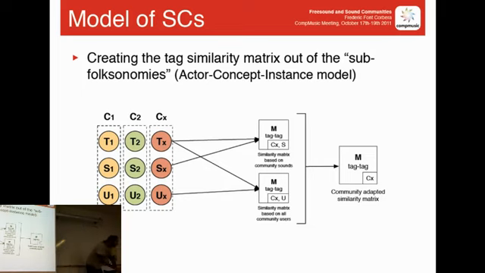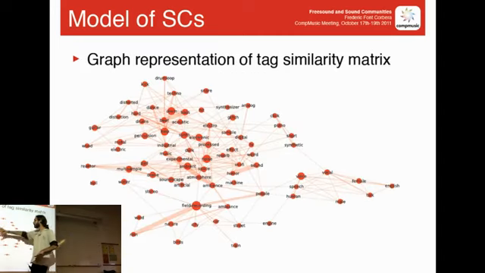And just to have a better idea of this tag similarity matrix, Peter Mika represents them as a graph. So if they are a graph, you can also plot them. This is real data from Freesound. We have the different tags, and those are the relations.